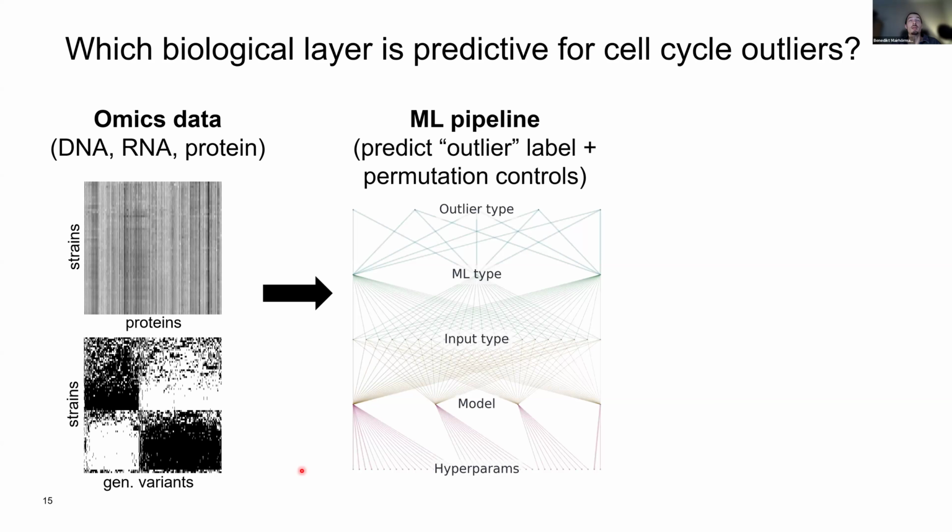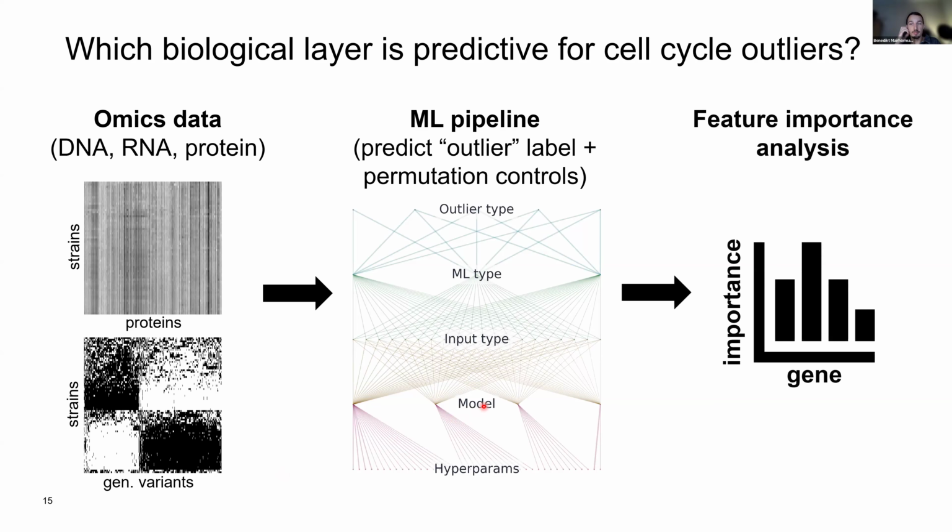Then we implemented a very comprehensive machine learning pipeline where you would take all the combinations of those input data sets, or you take all the input data sets and predict systematically, is this an outlier strain? Is this cluster one or cluster two? And then the plan is to take the best models, if we get some that work well, and analyze the feature importance.